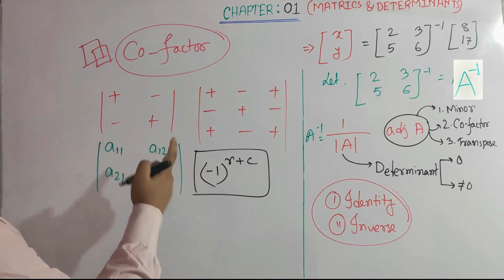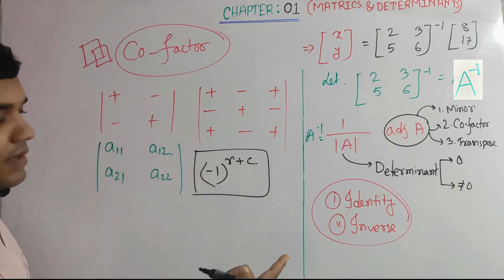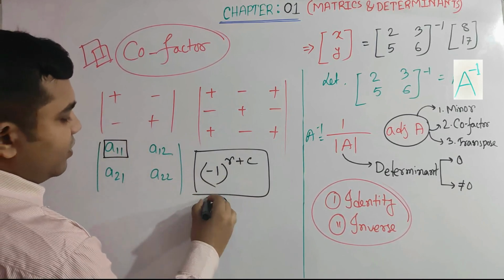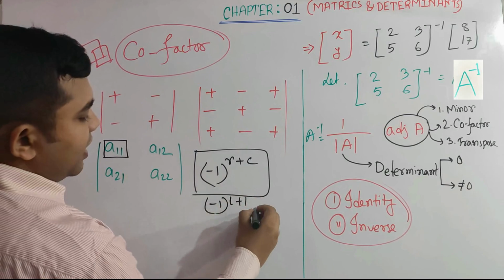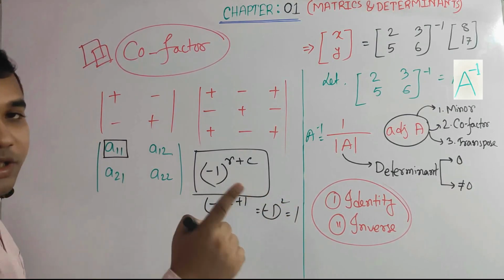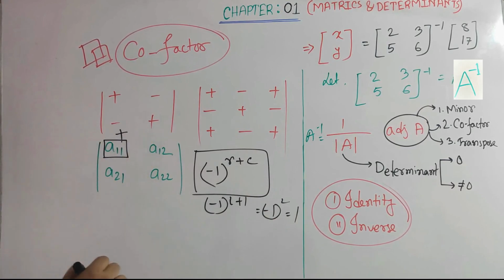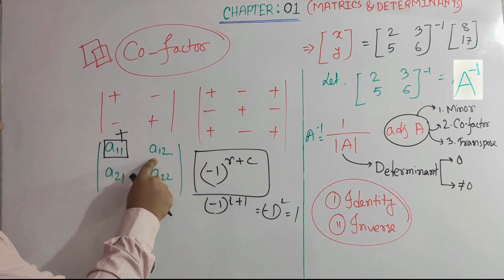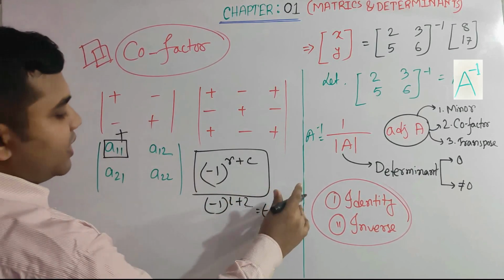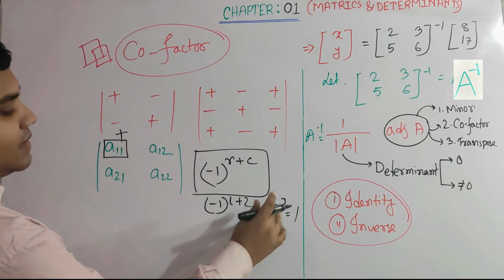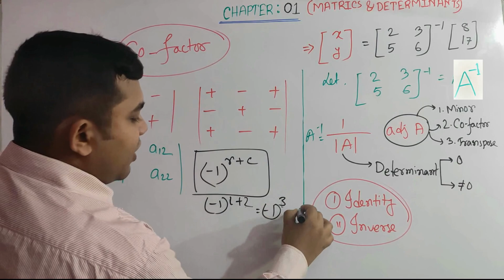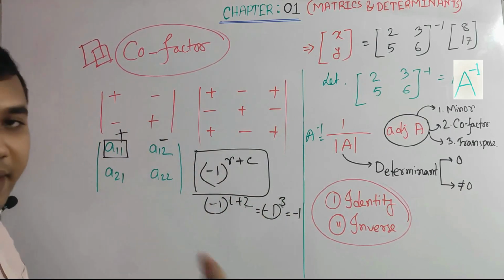For this position, it will be minus 1 to the power 1 plus 1, that means minus 1 to the power 2, that means 1. We get a positive value, that's why it is positive. For this part it is 1 2, that means 1 plus 2, which is 3. Since it is an odd number, this is negative 1, so we use the negative here.